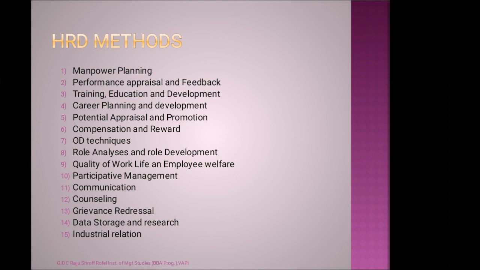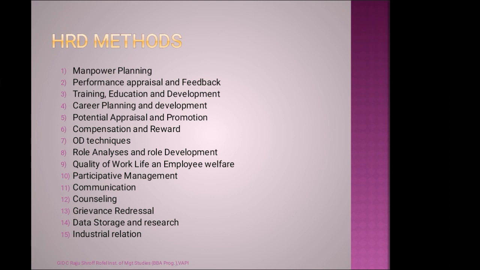For ensuring the effectiveness of all the above 15 methods, one needs to take care of 4 areas. First, they should be properly designed, keeping in view the organization's needs. Second, these methods should be systematically linked to produce a holistic effect in the organization.